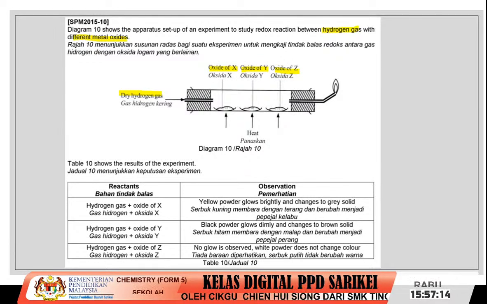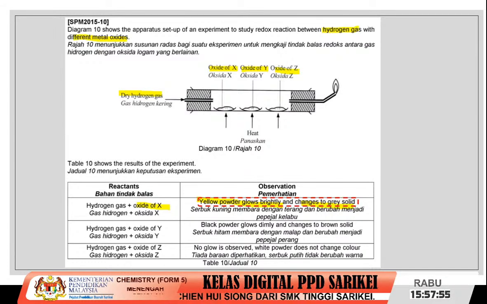Let's refer to table 10. When hydrogen gas is passed through metal oxide X, the yellow powder glows brightly and changes to a gray solid. Glowing brightly indicates that a chemical reaction occurred between hydrogen gas and the oxide of metal X. So that means hydrogen gas had displaced metal X from its oxide.